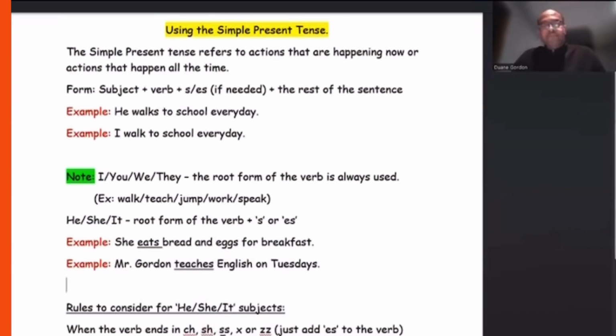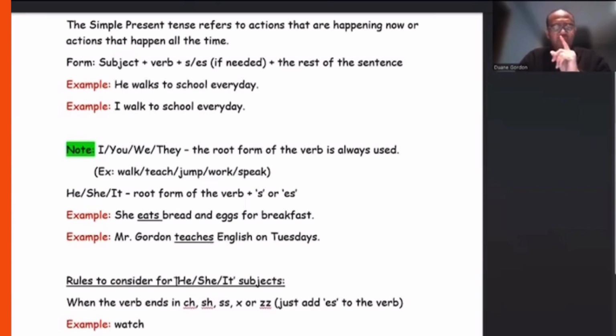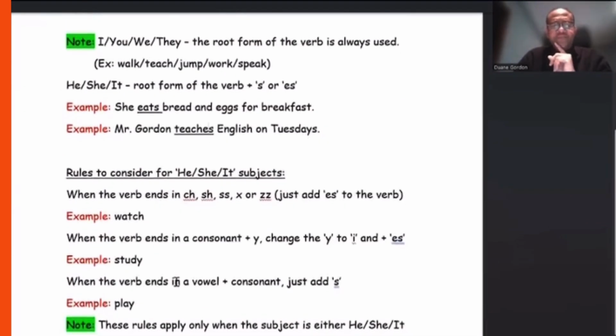Okay. This brings us to some rules to consider. Why s and why es? Okay, here are the rules to consider. And remember too, these rules are based on subject pronouns he, she, and it only.